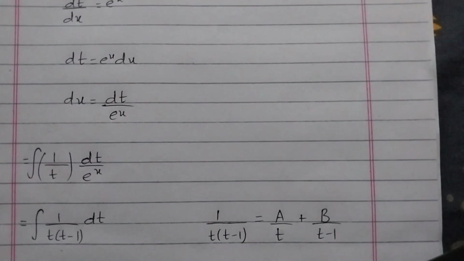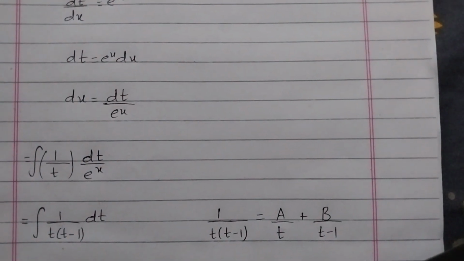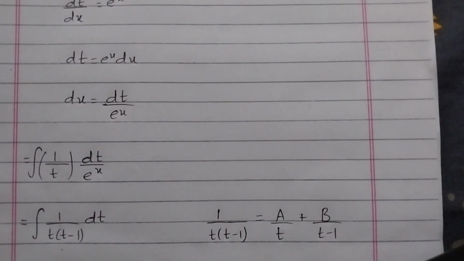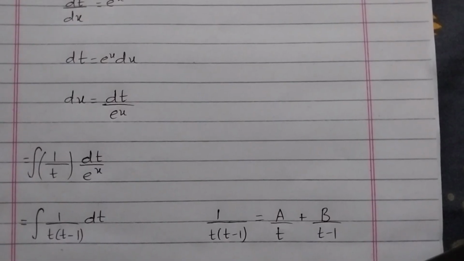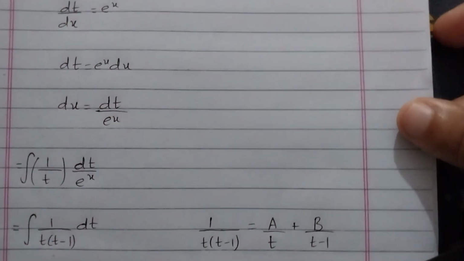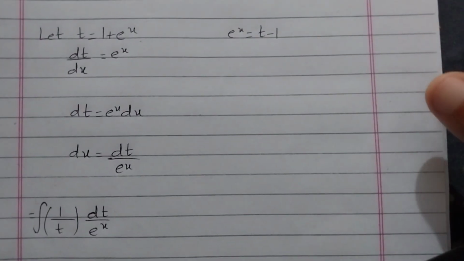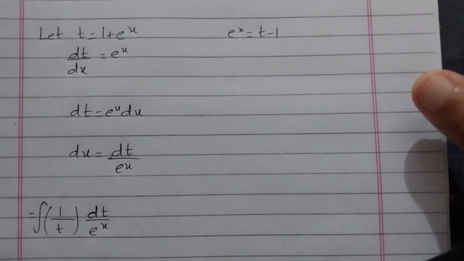We have basically transformed this integral from x to t. So there should not be anything which has x in it in this integral. So we also need to replace this e raised to power x in terms of t. So t is equal to 1 plus e raised to power x, and we can easily find the value of e raised to power x from here.